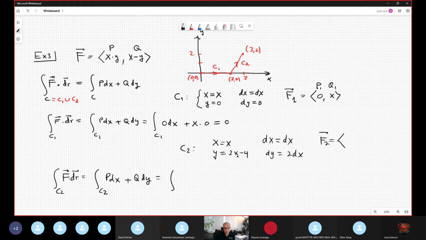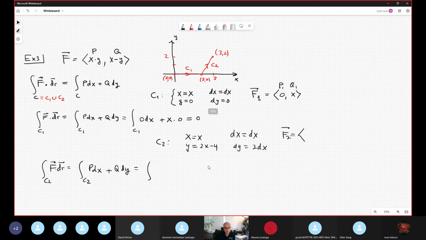Well, you replace y here, multiplied by x. It's easy. It's 2x squared minus 4x, multiplied by x. This x is outside. Comma, and likewise you replace in the second component: x minus 2x plus 4. Combine like terms: x minus 2x is minus x plus 4. Makes sense?